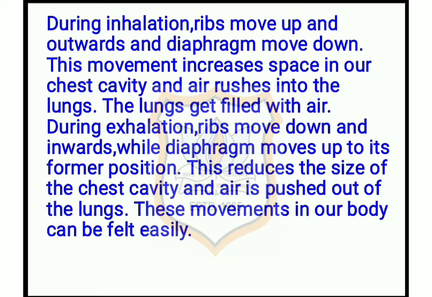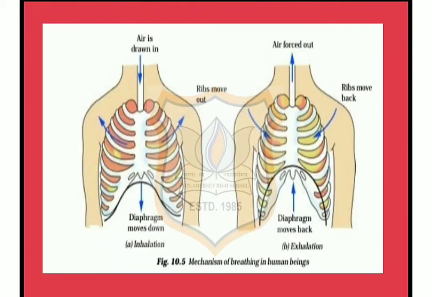This reduces the size of the chest cavity and air is pushed out of the lungs. These movements in our body can be felt easily. Students, you can see in this diagram, when air is drawn in, ribs move out and the diaphragm moves down, and when air is forced out, ribs move back and the diaphragm moves back.